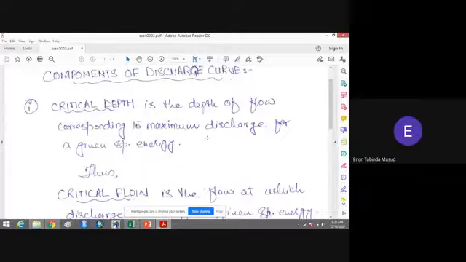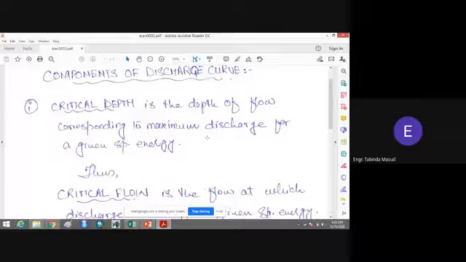You can define critical depth on the basis of the discharge curve, or you can define it on the basis of the specific energy diagram, which we discussed in our previous class. Whenever you are asked to define the critical depth, it is up to you whether you want to define it on the basis of the specific energy diagram or on the basis of the discharge curve. Both the definitions are accurate.